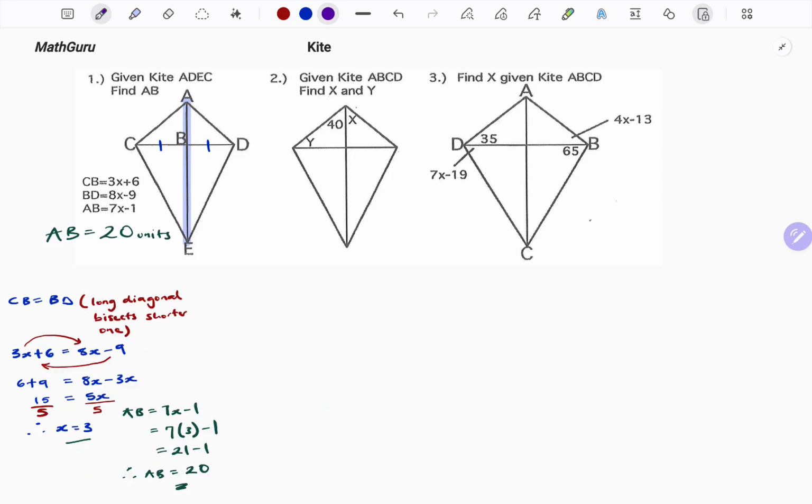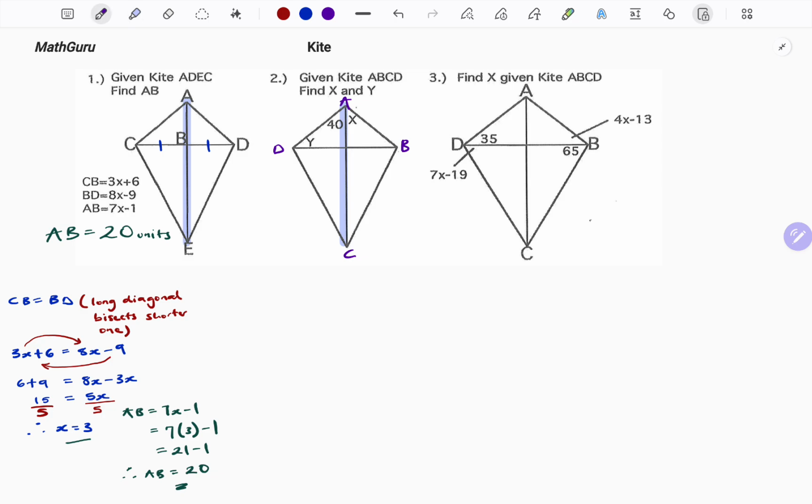For the second kite, we have given kite ABCD. Find x and y. So I'm going to start by labeling my kite. I have that as A, B, C, and D. To find x and y, one of the properties of a kite also is that the long diagonal, as shown, which is AC in this case, bisects angles at its endpoints.